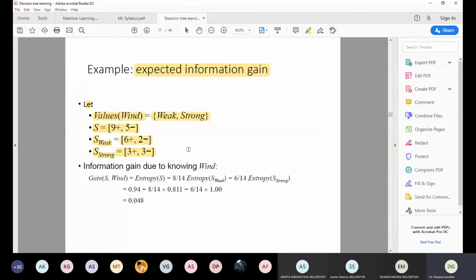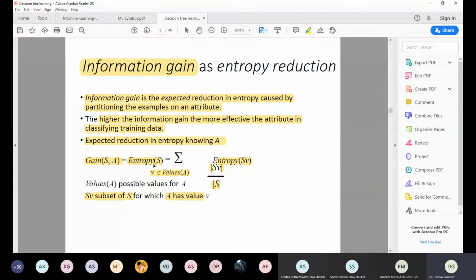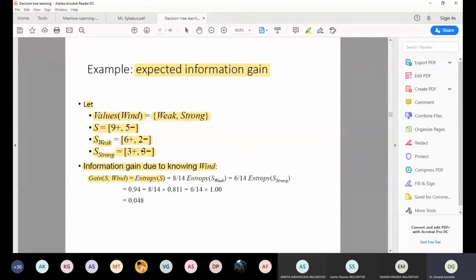Then if you compute the information gain due to wind, taking wind as the attribute, for the complete set with 9 positive cases and 5 negative cases, we compute the gain, that is entropy of S, using this formula: entropy of S minus the summation of Sv over S times entropy of Sv.